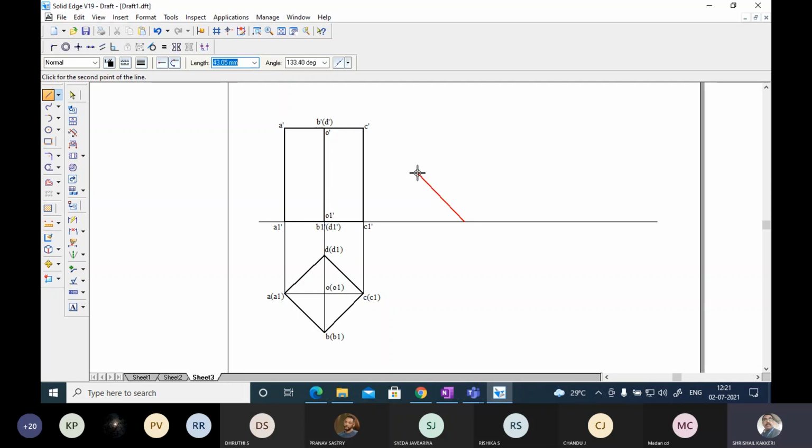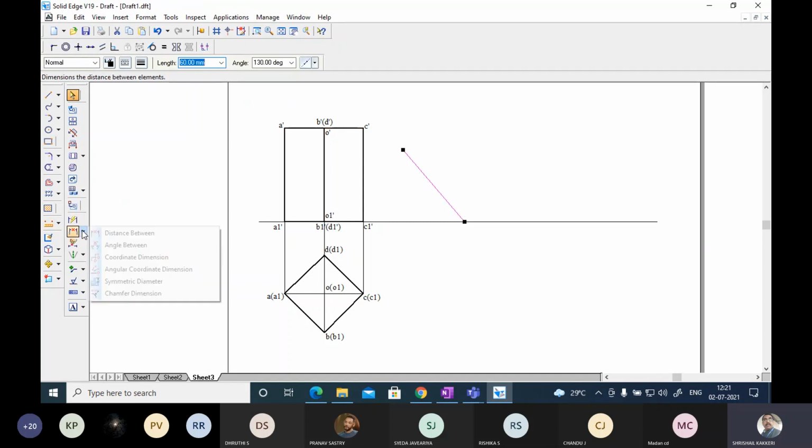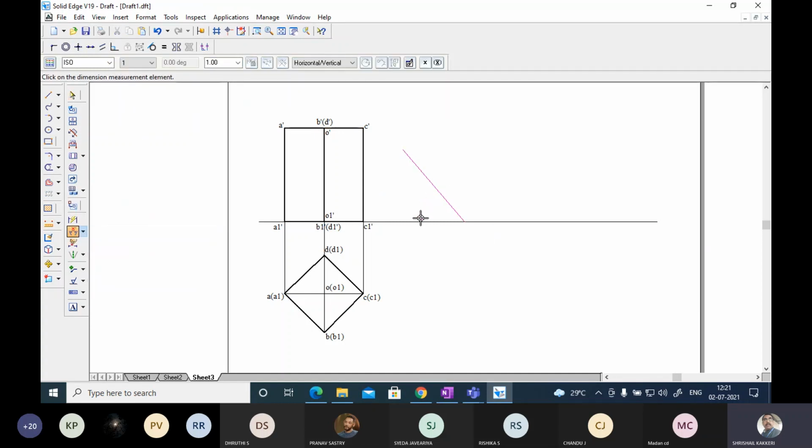Some length you have taken and this will be 130 degree. If you measure this angle, definitely this angle will be 50 degree. But I don't want to show this 50 degree. I want to show the inclination to the axis.